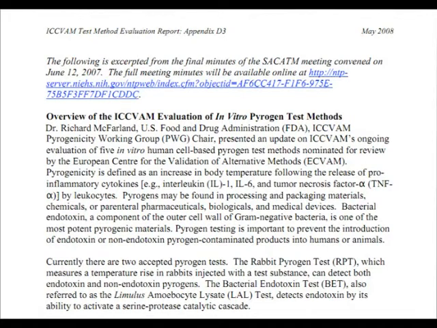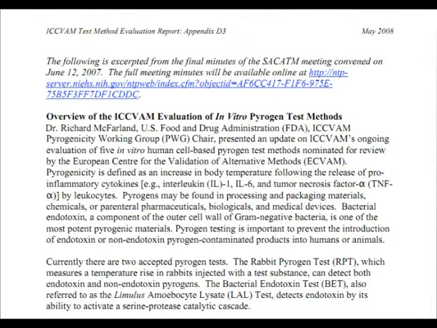It says overview of the ICCVAM evaluation of in vitro pyrogen test methods. Dr. Richard McFarland, US Food and Drug Administration, Pyrogenicity Working Group Chair, presented an update on ICCVAM's ongoing evaluation of 5 in vitro human cell-based pyrogen test methods nominated for review by the European Centre for the Validation of Alternative Methods.